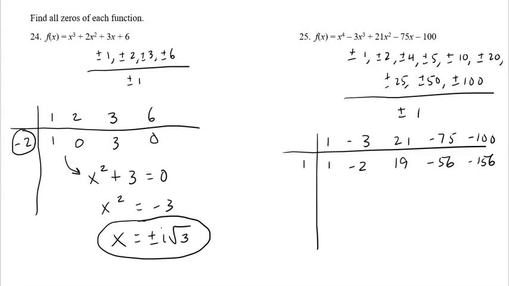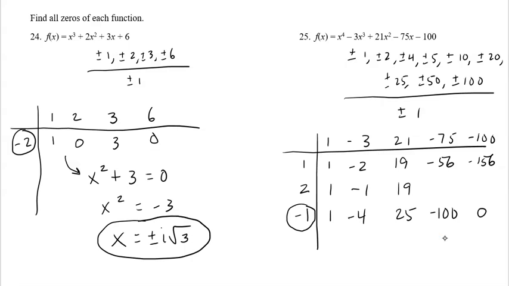So since I didn't get 0, that means that 1 isn't one of my zeros, so I keep looking. Okay, so just to save you a little bit of time, I went ahead and tried 1 and 2, neither one of those worked, and then I went to -1 and I got a 0 remainder, so that means I found 1 of my 4 zeros.